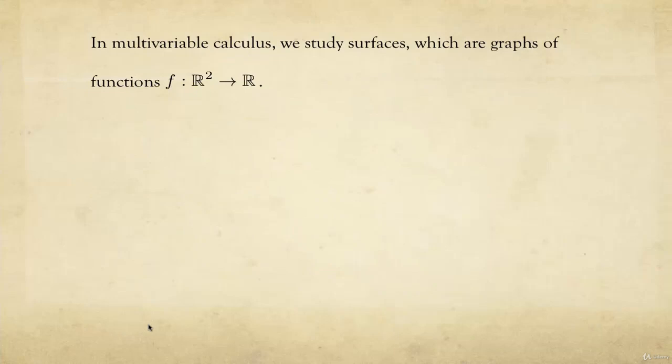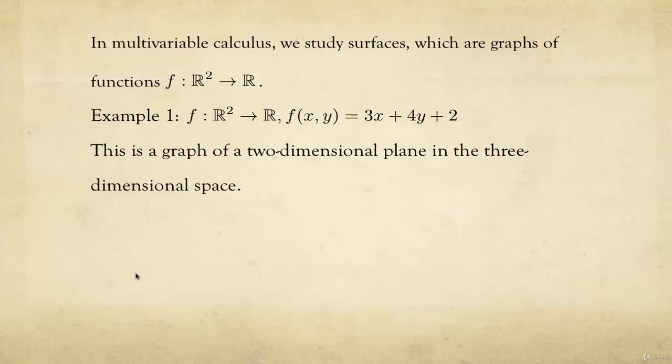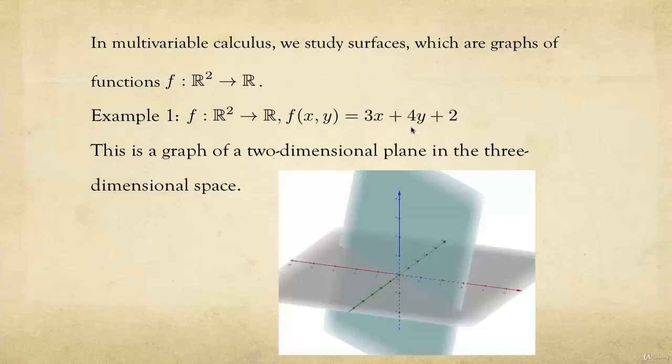In multivariable calculus, we study surfaces, which are basically graphs of functions where the input is R squared and the output is the real numbers. So for example, here's an f of xy. The input is xy, which is a vector in R2, and the output is a number, 3x plus 4y plus 2. This is a graph of a two-dimensional plane in three-dimensional space.